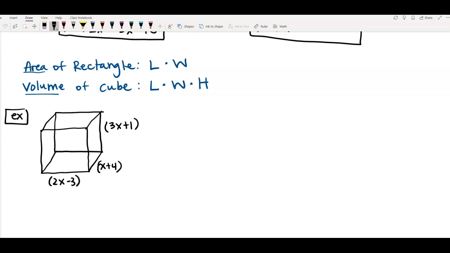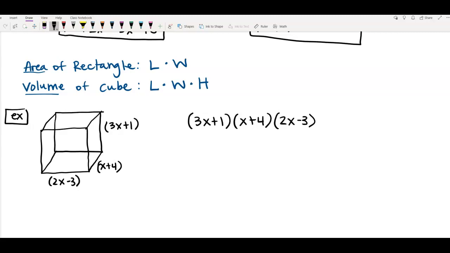When it's asking you to find the volume, it's asking you to multiply all 3 of these together. So you're going to be doing 3x plus 1 times x plus 4 times 2x minus 3. And since it is multiplication, it doesn't matter which order you write things in. If I put my x plus 4 first, that's okay. Multiplication is commutative. 2 times 3 is the same thing as 3 times 2, and that stays the same even when we have variables.